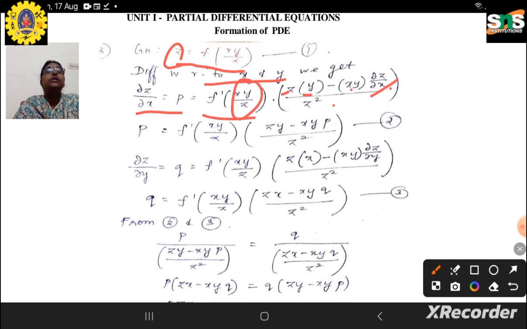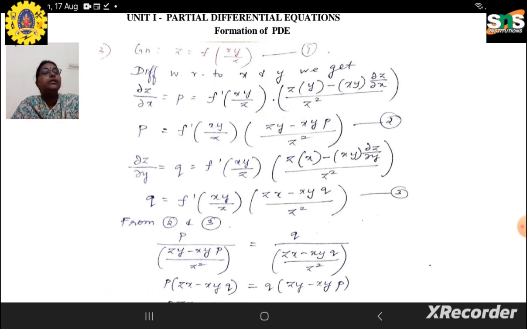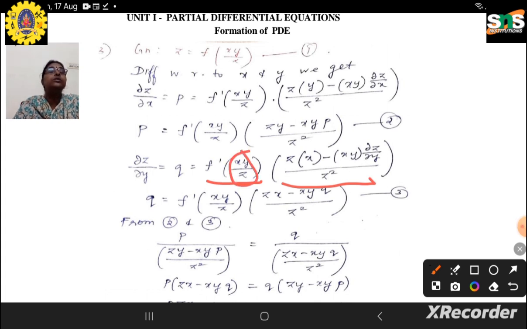So this way we got the first value. After this, we want to remove only this function, so keep it on one side and take the other term to the denominator. Then, at last, differentiate the given function with respect to y, and we note it as q. On the right side again we get f dash of xy by z, and we can use the u by v method.